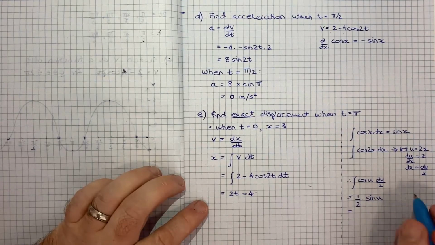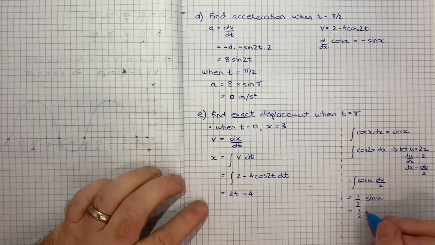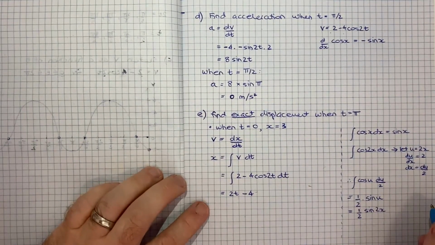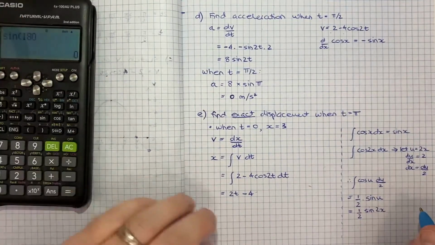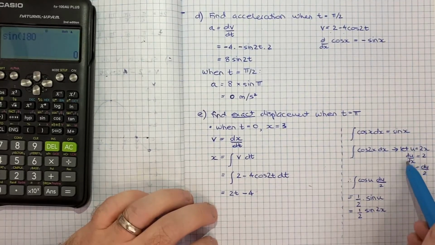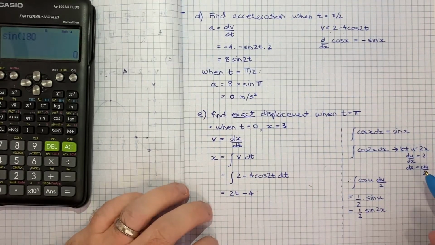So substituting back in, u was 2x, so sine of 2x. So the integral of cos 2x dx was simply a half sine 2x. Now that might be a result that you've committed to memory, but I think using u substitution and working through the mechanics is always a good idea, just to make sure your memory hasn't failed you.